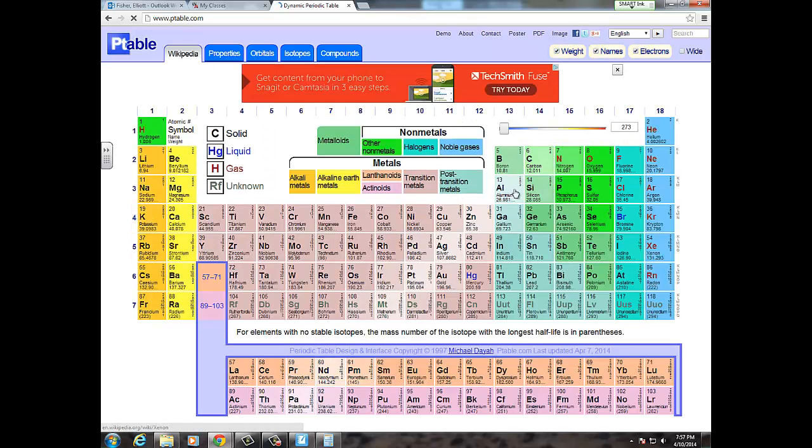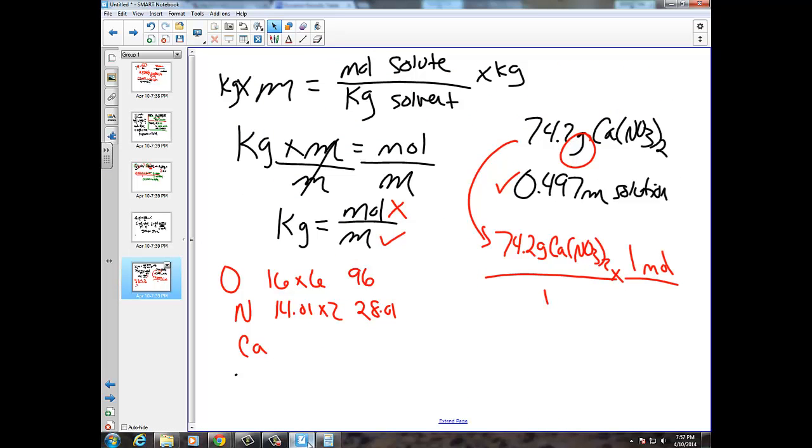Calcium is 40.08. So 09, and then I've got a 4, carry the 2. I've got 48, so 174.09. That's what it looks like. So I'm going to divide 74.2 by 174.09.